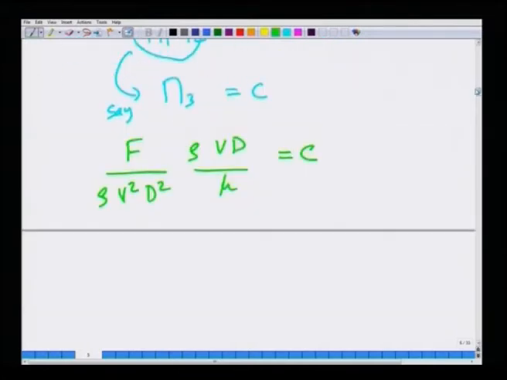Now, I am going to cancel the two densities, and what you will find is that f divided by, and we will cancel one length dimension, we will cancel one velocity, to give f divided by v d by mu is some constant.